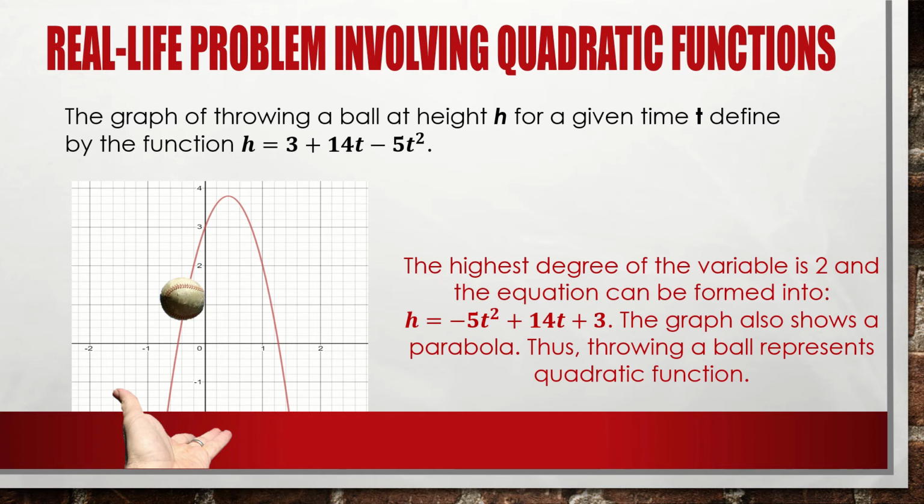The highest degree of the variable is 2, and the equation can be formed into h is equal to negative 5t squared plus 14t plus 3. The graph also shows a parabola. Thus, throwing a ball represents quadratic functions.